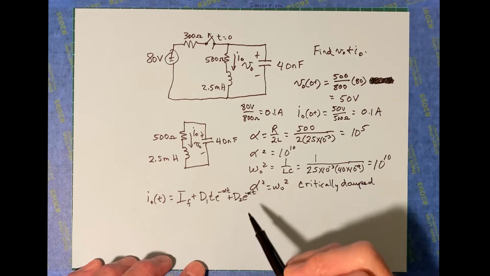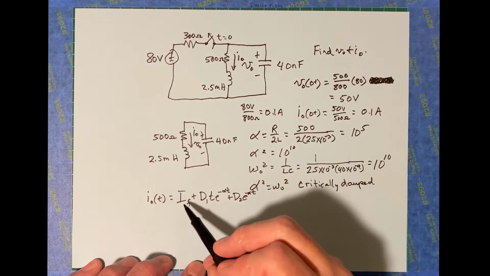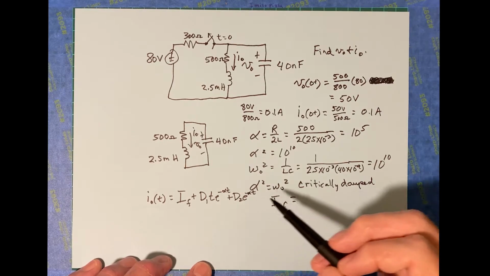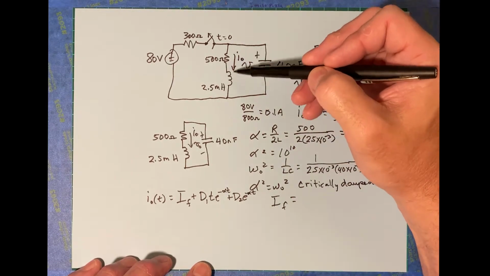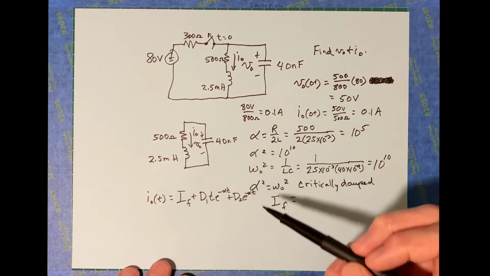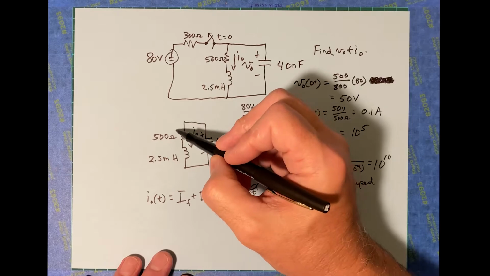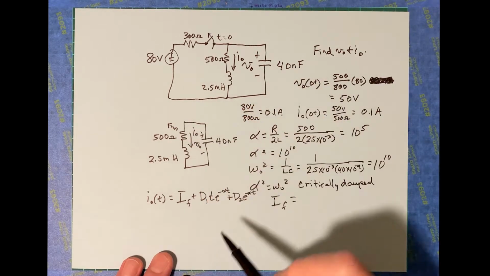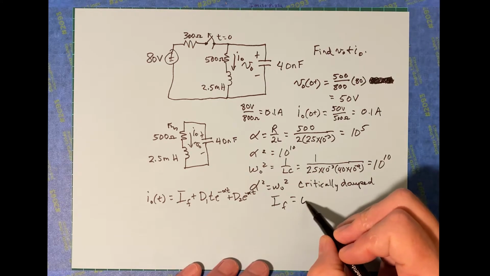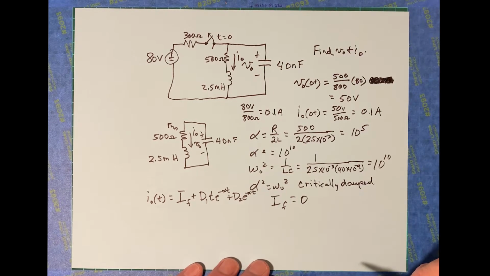Almost ran out of room there. Okay, let's figure out what this i final is. After a long period of time, remember this dissipates away energy, so it's going to die down. You expect that to be 0.